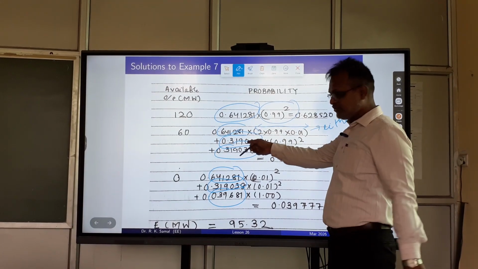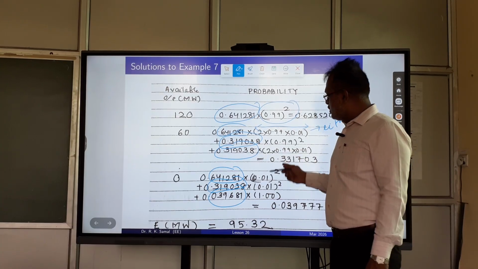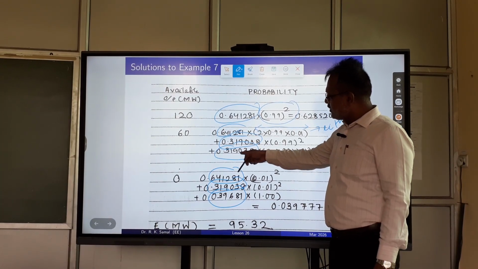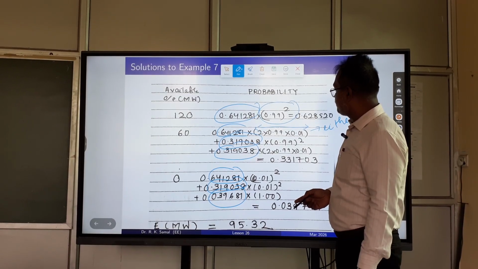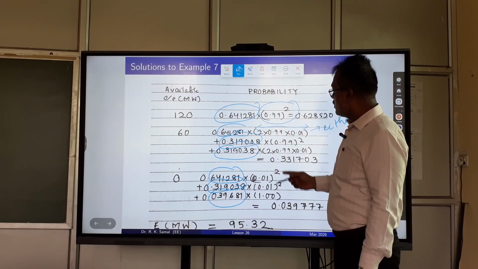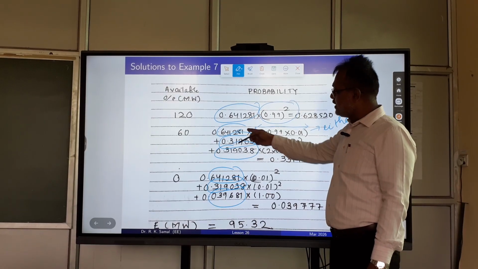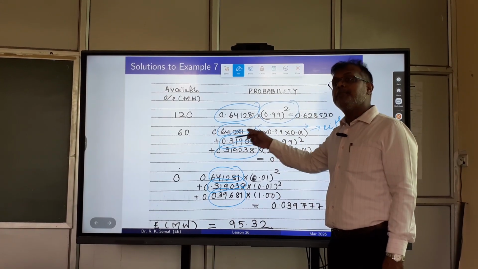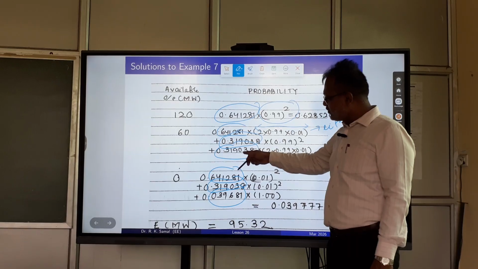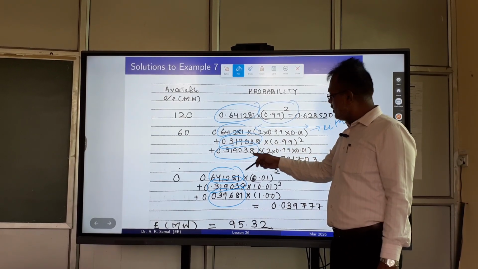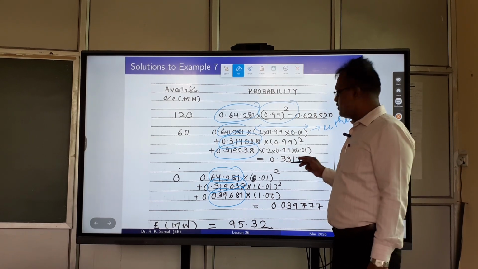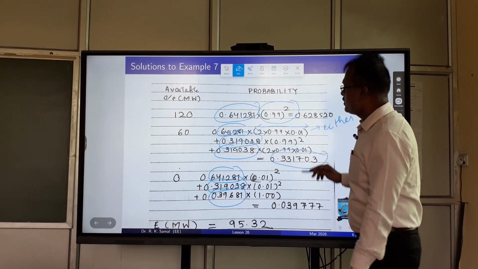Last case, 60 megawatt is available again. Here 120 megawatt is available, but any one transformer available. 60 megawatt available, both transformers available. 60 megawatt available, only one transformer is available.